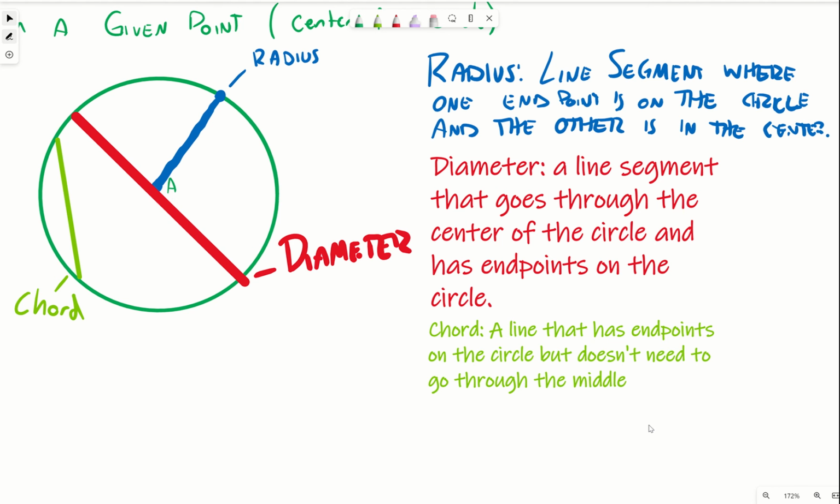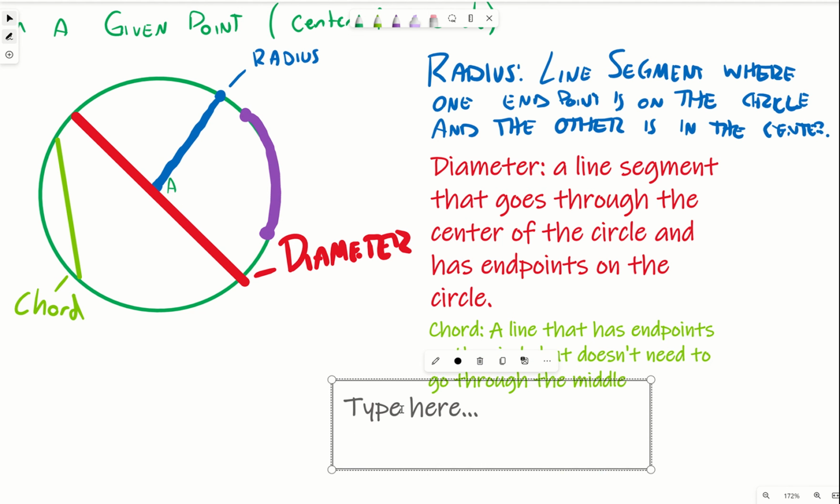And then another thing we have is called the arc, and not quite like Noah's Ark. This arc is a chunk of the circle between two endpoints.